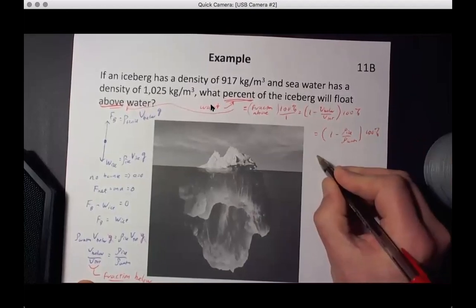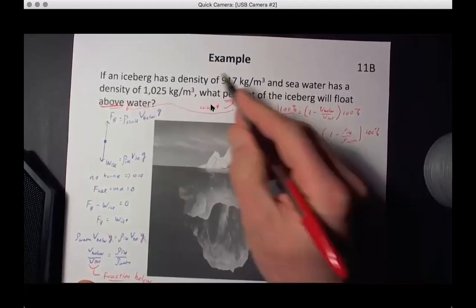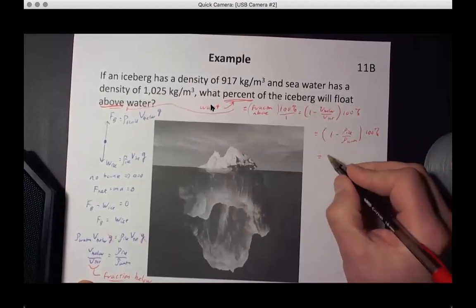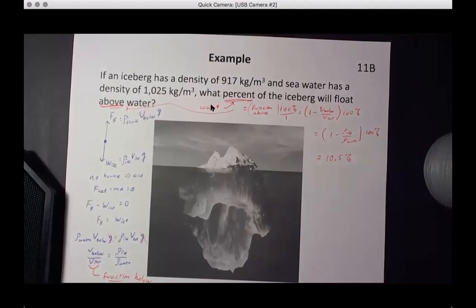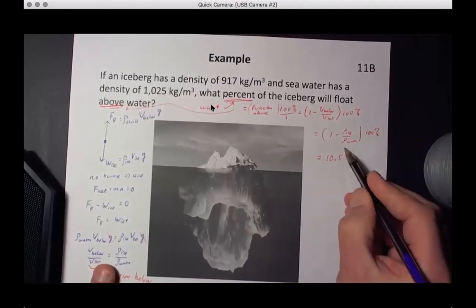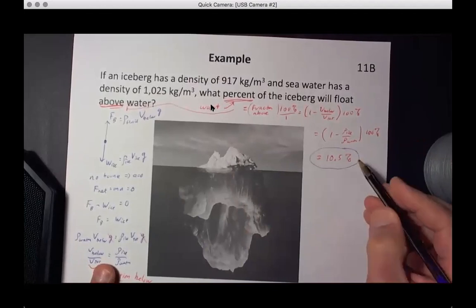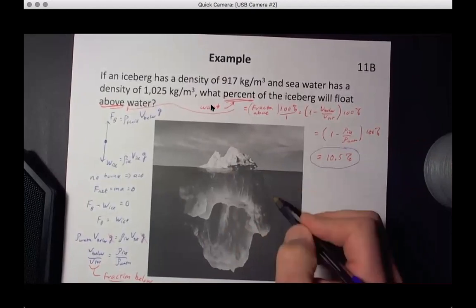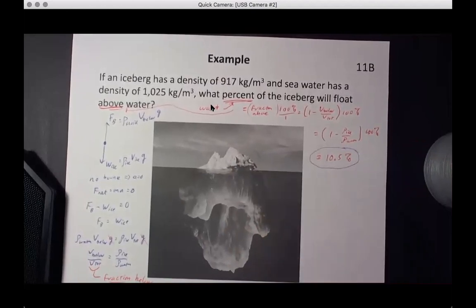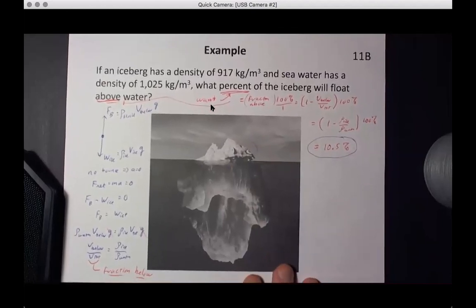And if you put in ice and water from above, you get 10.5%. So that is the percent of the iceberg above water. So this compared to that: 10% above, 90% below. The tip of the iceberg, right, is 10% if you go and calculate it out all the way.